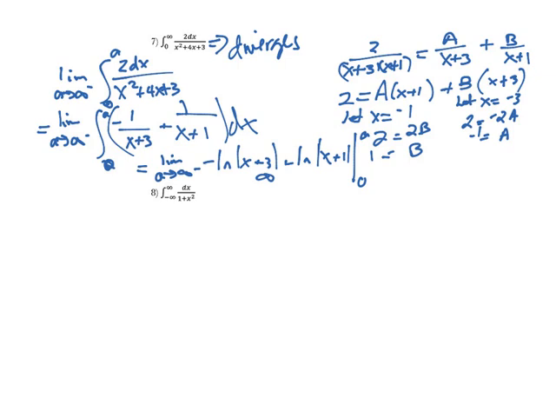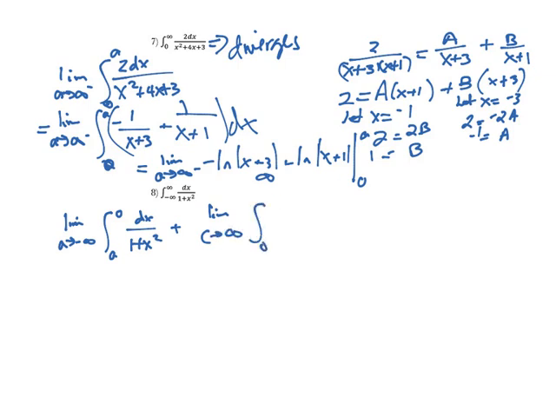Okay, 2 more examples. First one. Here again, both of my limits of integration are infinity, so I'm going to break it up. Again, a good place to break it up is 0. So I'm going to do the limit as a approaches negative infinity, going from a to 0 of dx over 1 plus x squared, plus the limit as c approaches positive infinity.